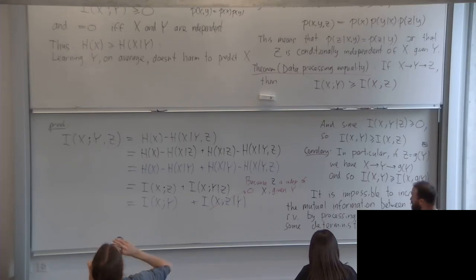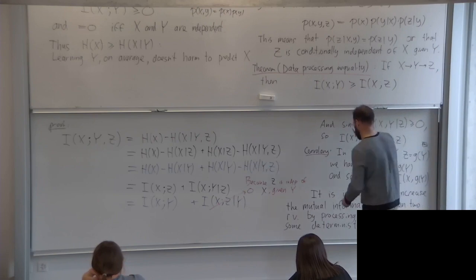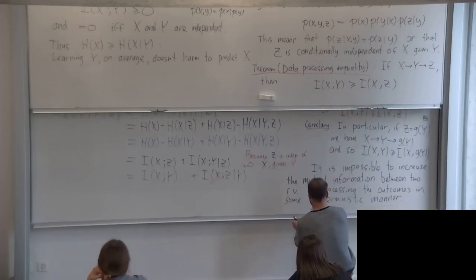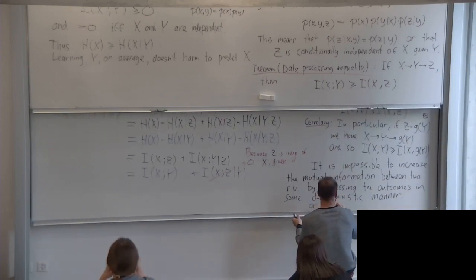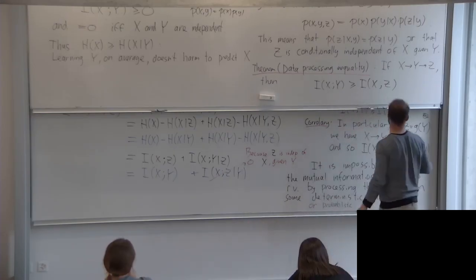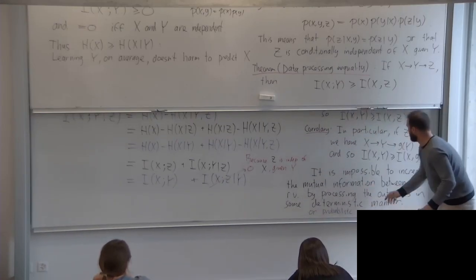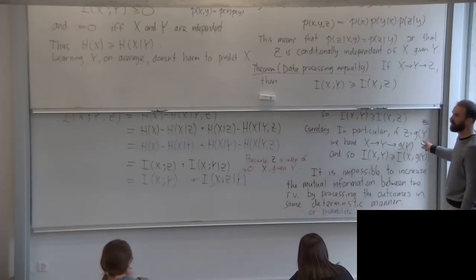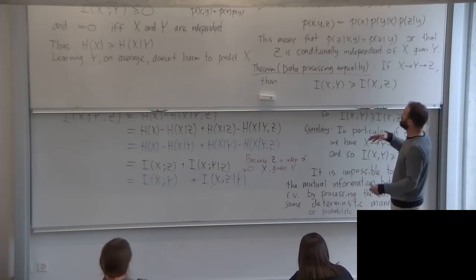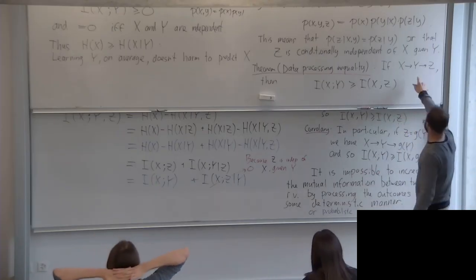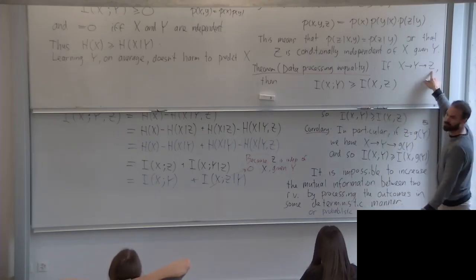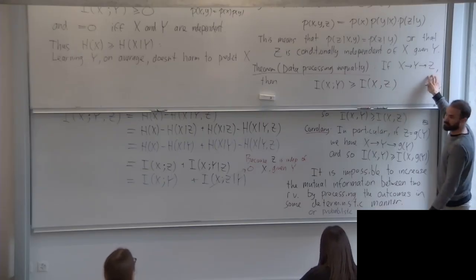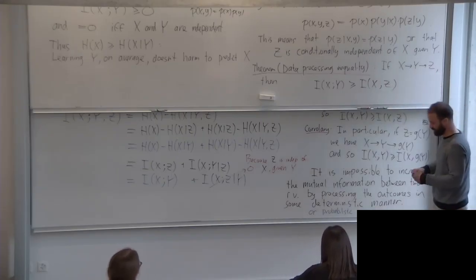And also in some probabilistic manner. So the deterministic appeals to this corollary where z is a function of y, but the probabilistic manner has the meaning of if you process it this way by some random process. So z could be thought of as some random process which depends on y.